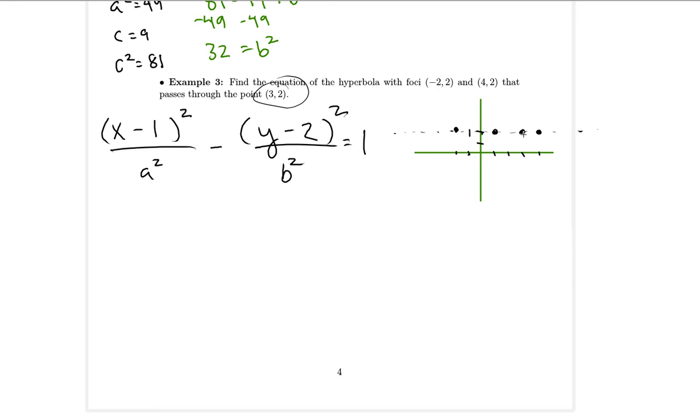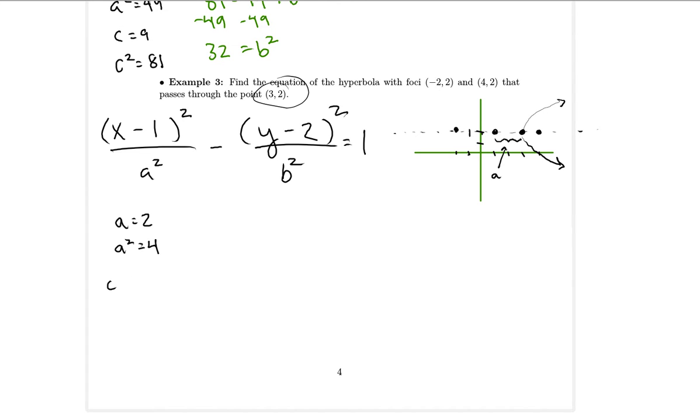Since it is on the transverse axis, we know that distance from the center out is actually my a, because of how we construct hyperbolas. So with a equal to 2, a squared is equal to 4.